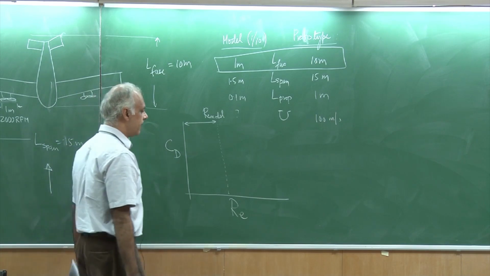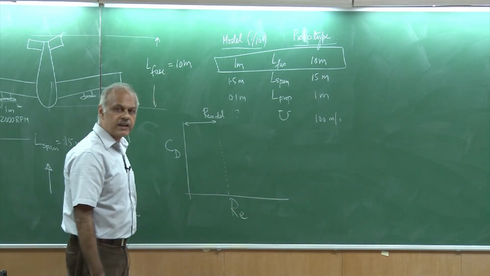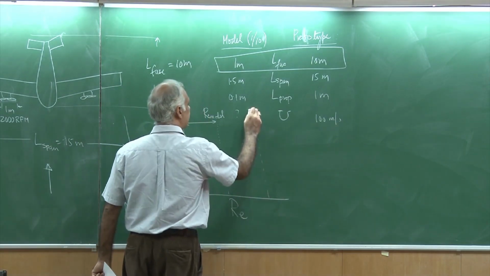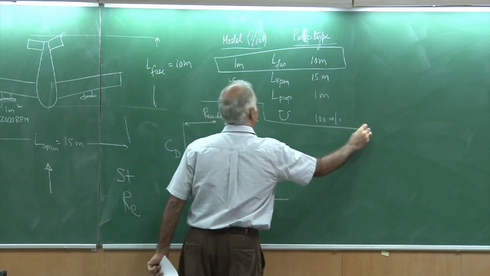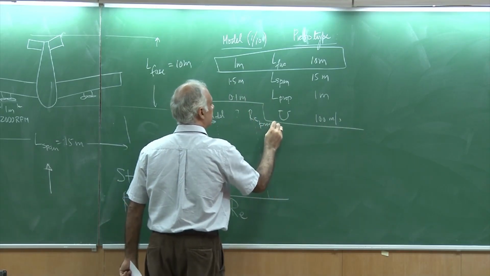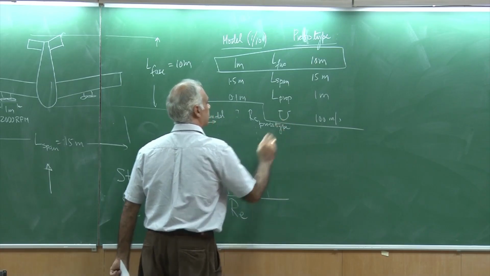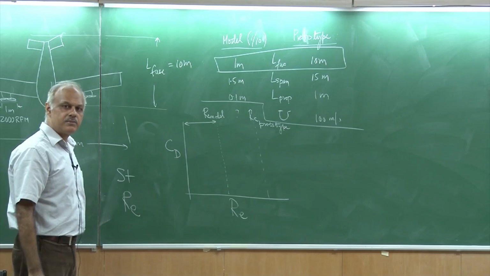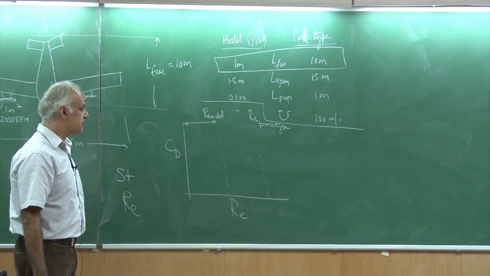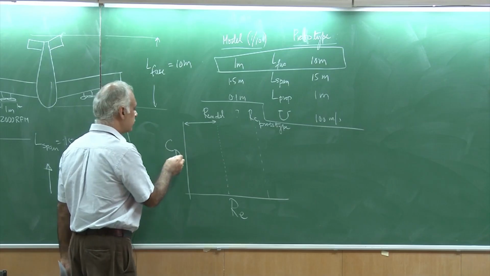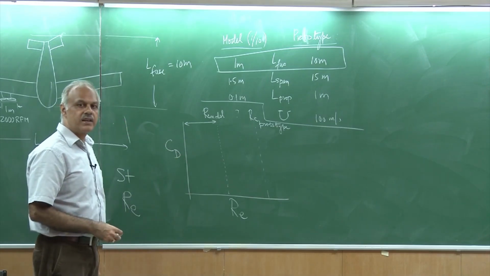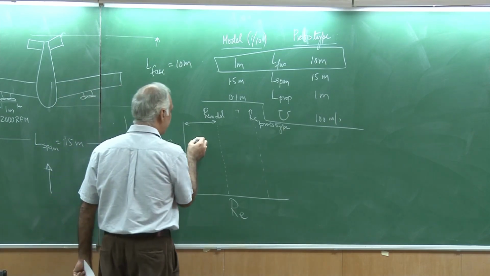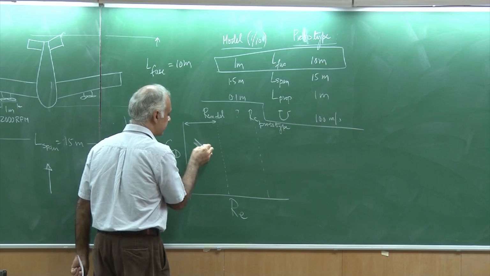The Reynolds number for the prototype, on the other hand, may be somewhere here. This is RE for the prototype. What people have seen from their experience is that usually the drag coefficient will reduce with increase in Reynolds number. So, you could, for example, get some curve like this.